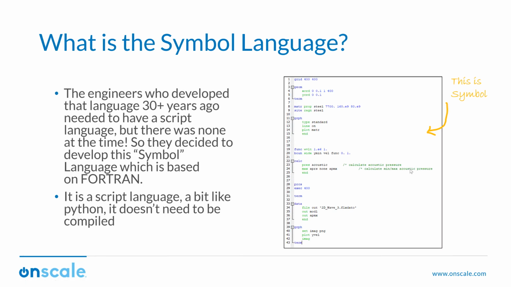It's probably the first time you hear about the symbol language, and it was also the first time for me, because this is a language that was invented by the engineers who worked for the OnScale company a long time ago.